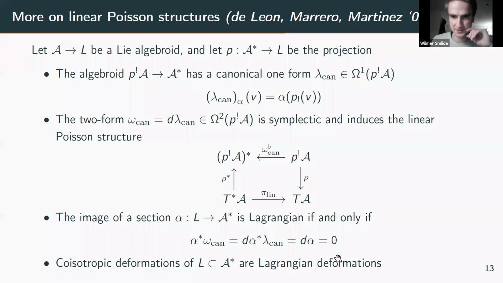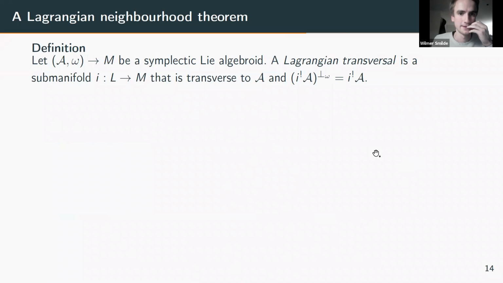So this happens in linear Poisson structures. This phenomenon was already observed by De Leon, Marrero, and Martinez in a paper they published in 2004. But I have not seen it in other places, so I don't know how well known this is. We can also extend the Lagrangian neighbourhood theorem to the setting of Lie algebroids this way. But for that, we need the right notion of a Lagrangian in this case.